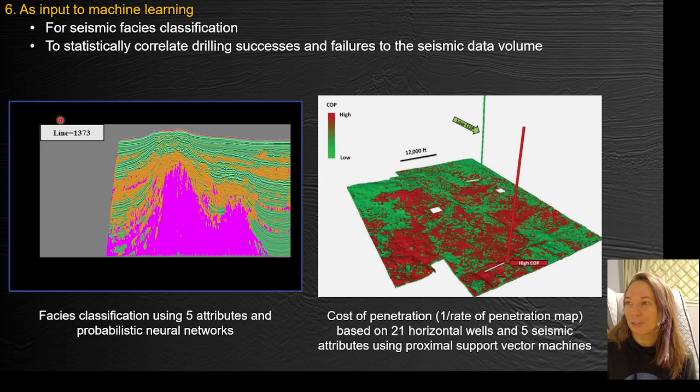And we could use machine learning to statistically correlate drilling successes or failures to seismic data volumes and also geomechanical properties. On the left-hand side, we have a facies classification that used probabilistic neural networks to quickly identify salt and mass transport deposits. And over here on the right, we've got an example of the cost of penetration related to seismic data using proximal support vector machines.